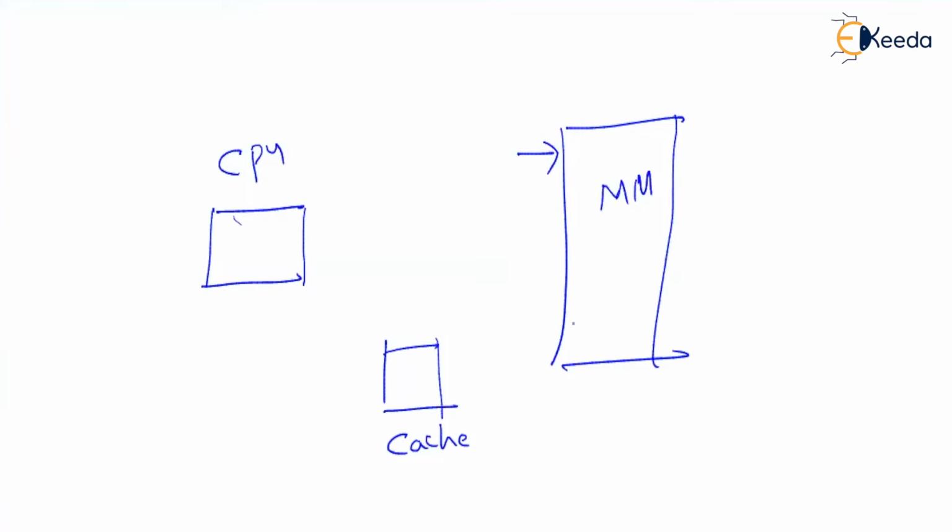Okay, now the CPU has a direct connection to the main memory, and also CPU has another parallel connection to the cache memory. Main memory is accessed directly by the CPU, as well as the cache memory also connected to and from the main memory.